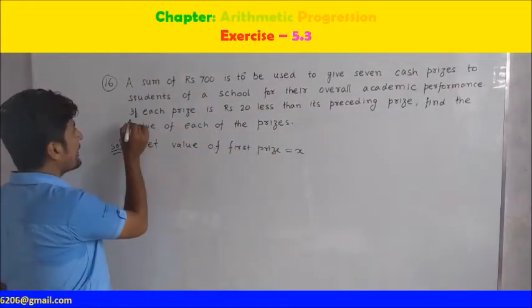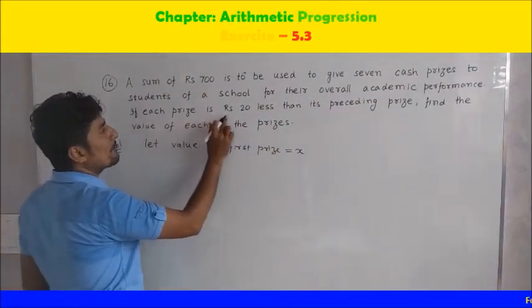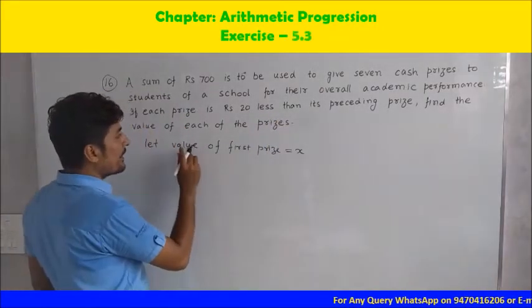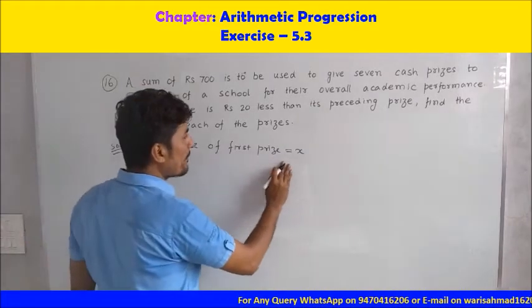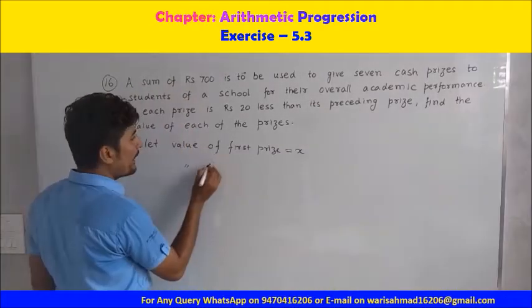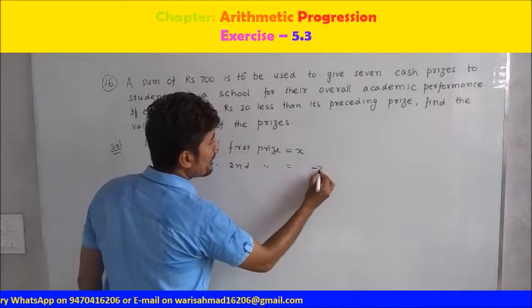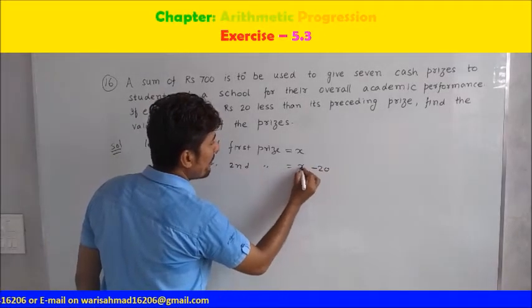So here it is given that each prize is rupees 20 less than its preceding one, then we can write here, if the value of the first prize is rupees X, then the value of the second prize will be rupees 20 less than the preceding one.